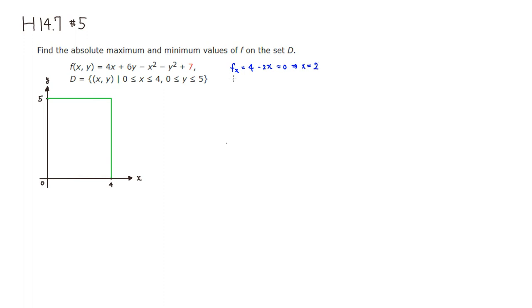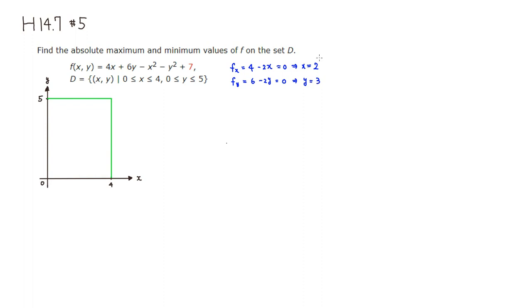Then how about the partial derivative of f with respect to y? The derivative of 6y is 6, and negative y squared gives negative 2y. If you set that equal to 0, you can see that y is equal to 3.